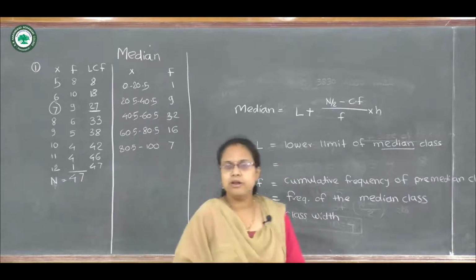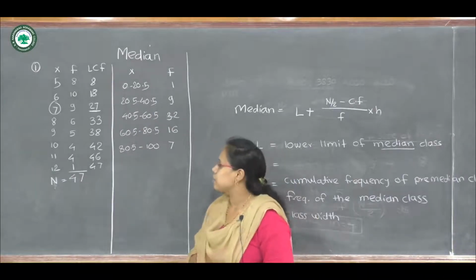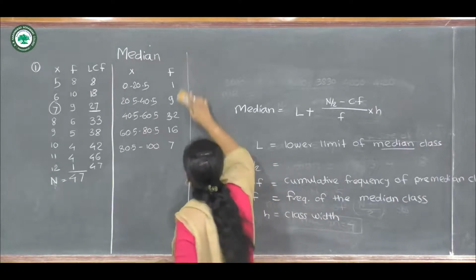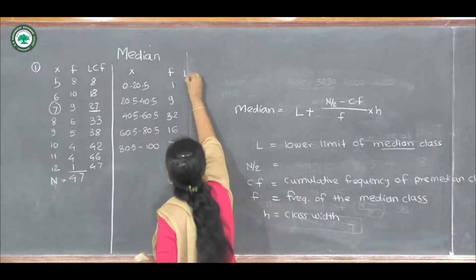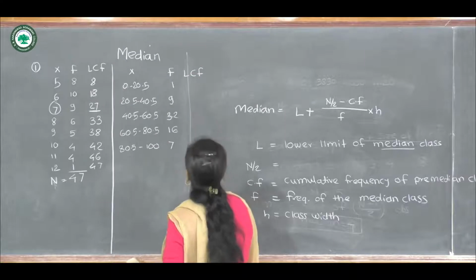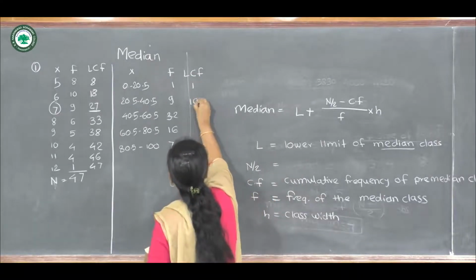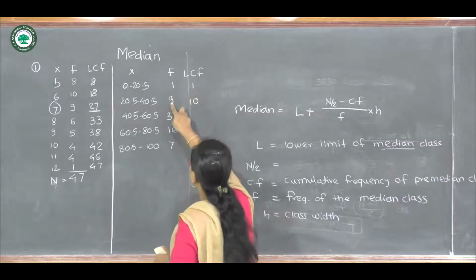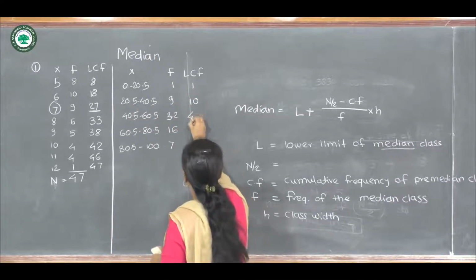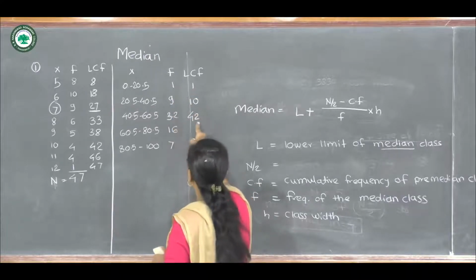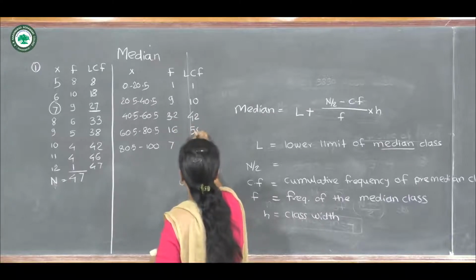First of all we will find the median class. For that purpose we will need LCF, means less than cumulative frequencies. So here I will calculate LCF. This is 1 plus 9 is 10, then 10 plus 32 is 42, then 58, and finally 65.